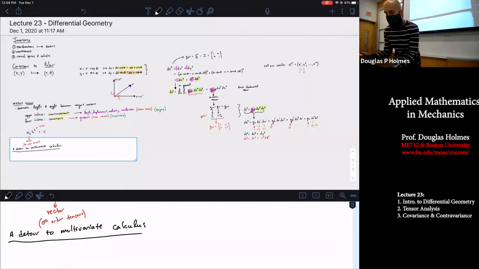You would naively say that my volume is going to be the integral of dx, dy, dz, which is the triple integral, obviously, along each of these differentials.